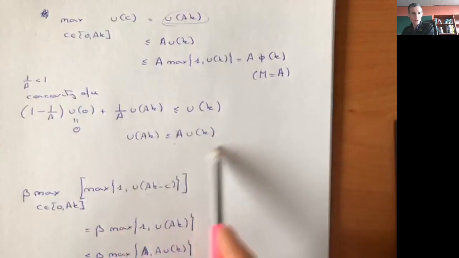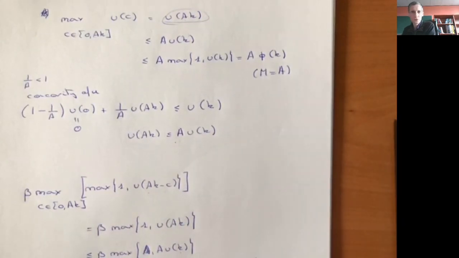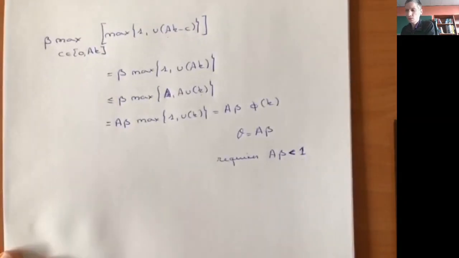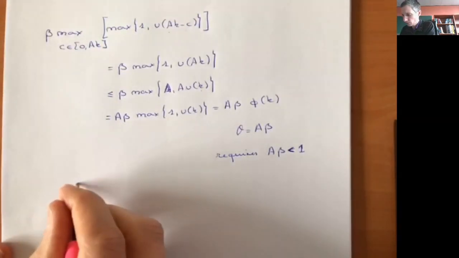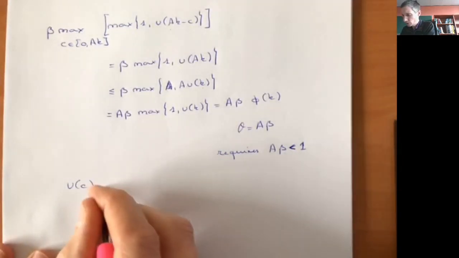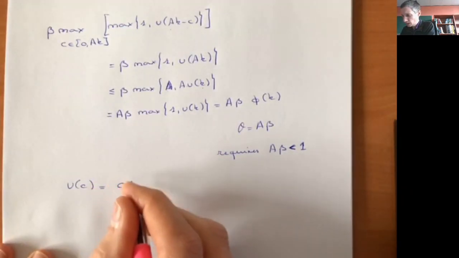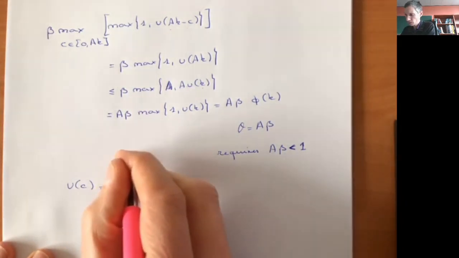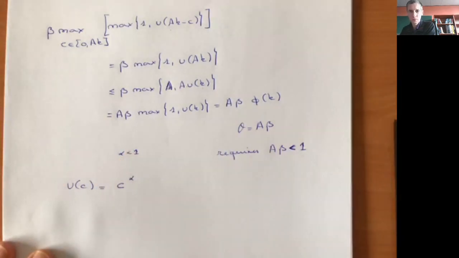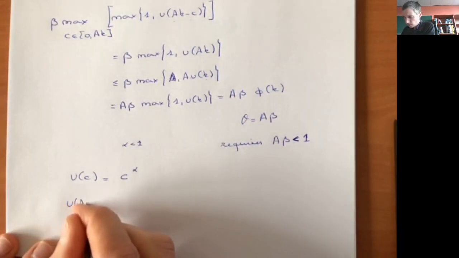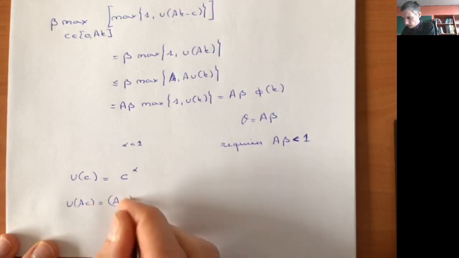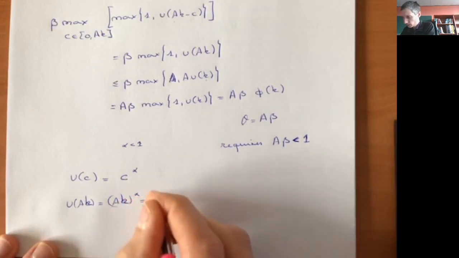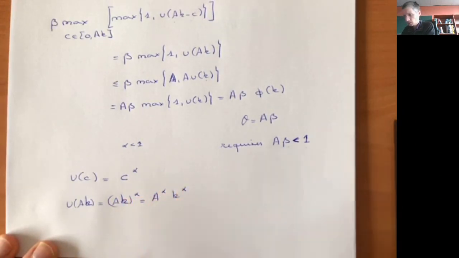So here this was a condition for concavity, but for some utility functions it's even easier to get a better approximation. So for example, if I have a utility function u(c) which is equal to c to the alpha or something, where alpha is smaller than 1 to have a concave function, well then u of ak is equal to (ak) to the alpha, which is equal to a to the alpha times k to the alpha.